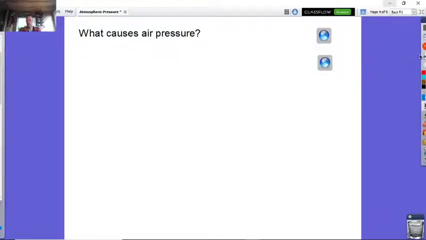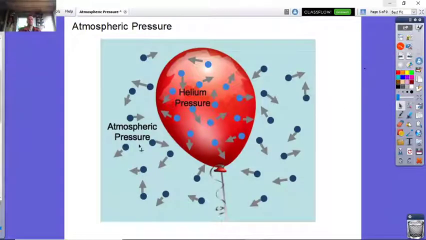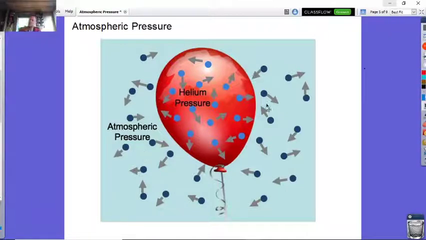Now, to go with that is a diagram showing you atmospheric pressure. What we've got here is a balloon. I've got the air particles there inside the balloon, and these particles are hitting the wall, creating this pressure. On the outside, I've also got air particles hitting the wall.